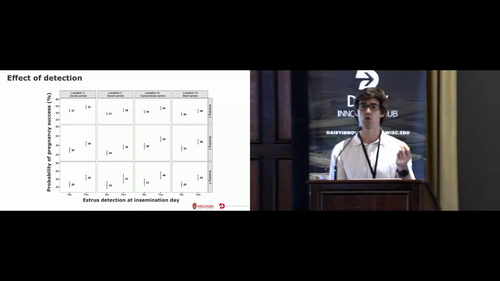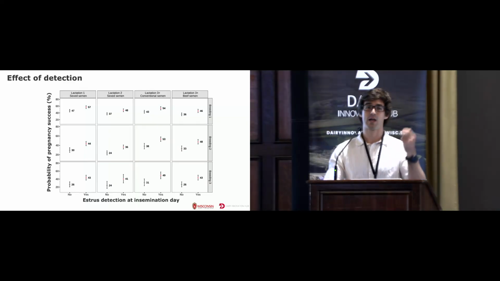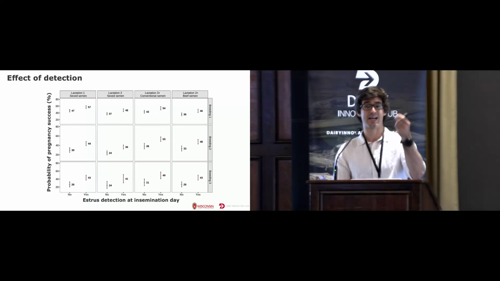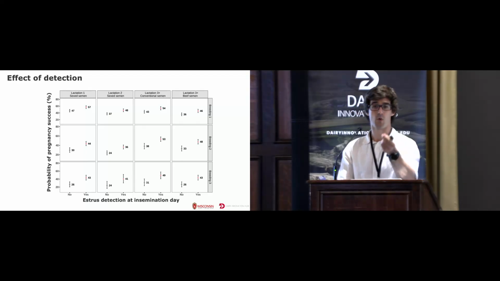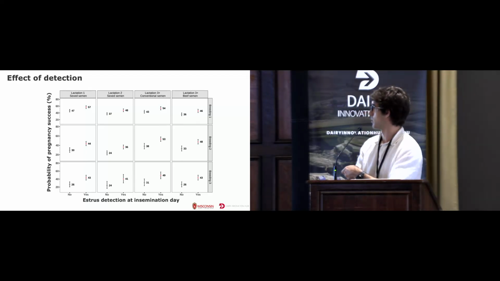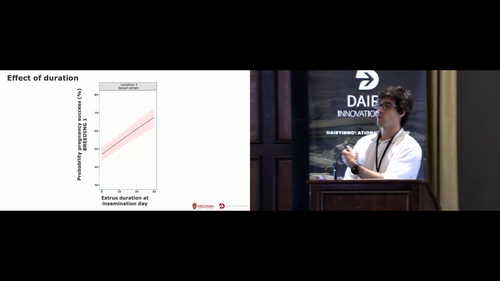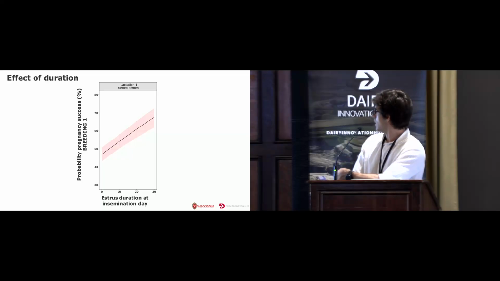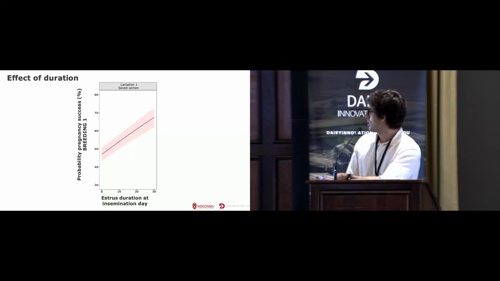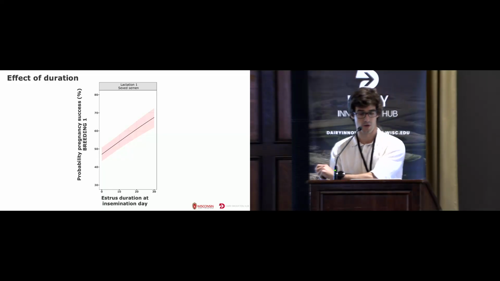So what I'm showing here is that these behavioral changes that we can flag with a computer are in fact biologically meaningful. And this is important because at the end of the day, this is the trade that we are proposing. So we are doing exactly the same for duration. The higher the duration, the higher the probability of pregnancy success, even after accounting for other predictors.